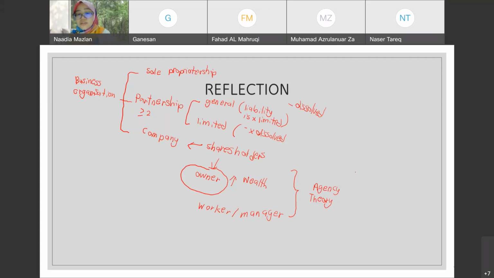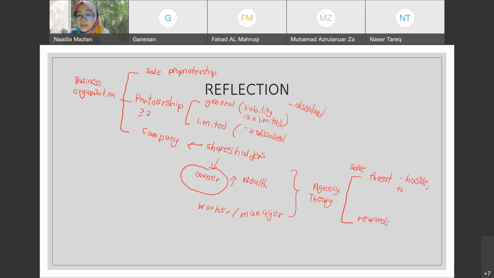To solve the agency problem, we have two types of method. The first one is by threat, and the second one is by rewards.